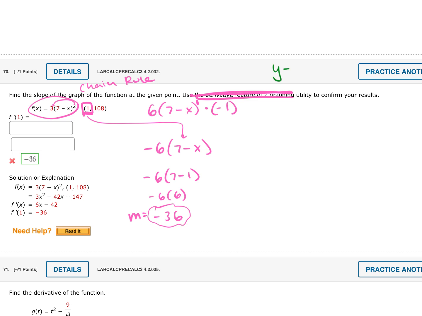So we would have y minus y1 is equal to m times x minus x1. This would be our x1 and y1, and this is our m. So y minus 108 is equal to -36 times x minus 1. So that would be when you use the y. But if you're just finding the slope, you don't use it.